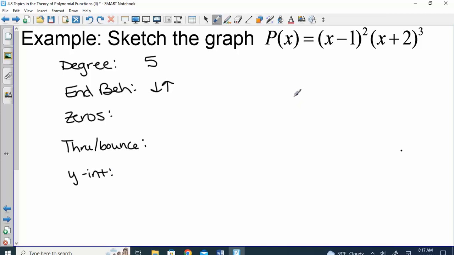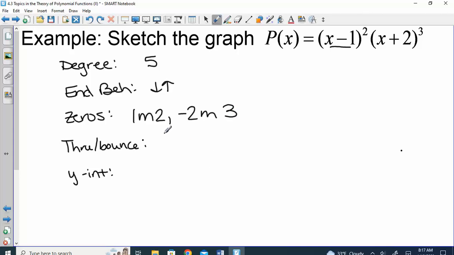All right, so zeros. What would make x minus 1 equal 0? Just 1. And since it's squared, I would put multiplicity of 2. What makes x plus 2 equal 0? Negative 2. Multiplicity would be 3.